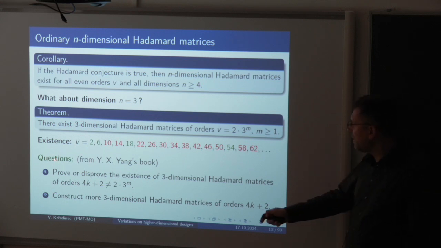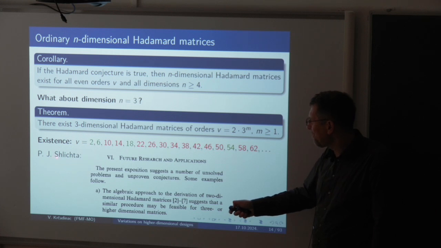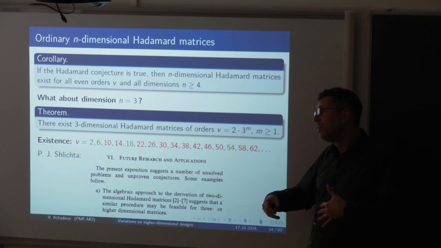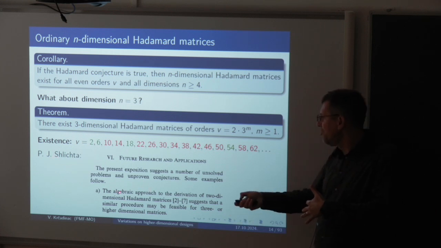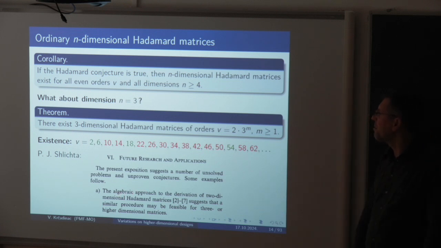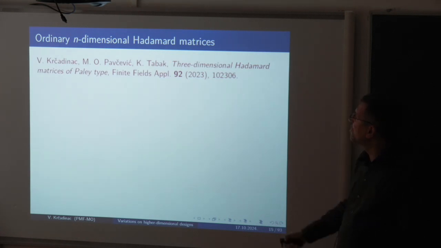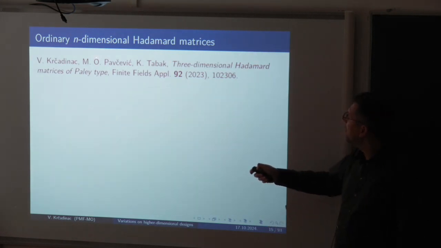Now the question is green because we managed to answer that, and already in Schlichter's paper he suggested: why don't you take some known algebraic constructions of ordinary two-dimensional Hadamard matrices and try to generalize them to higher dimensions. And basically this is what we did in this paper with Mario Papčević and Christian.